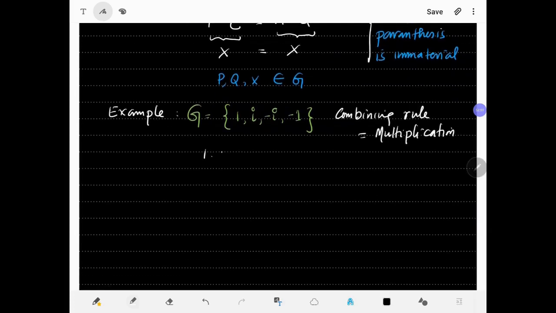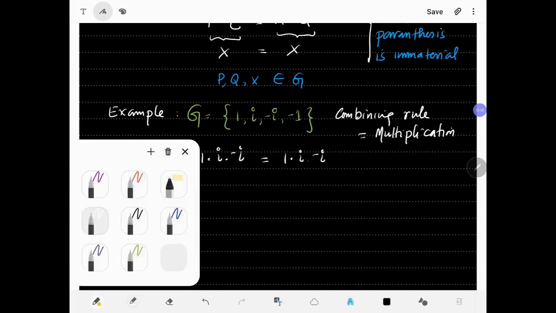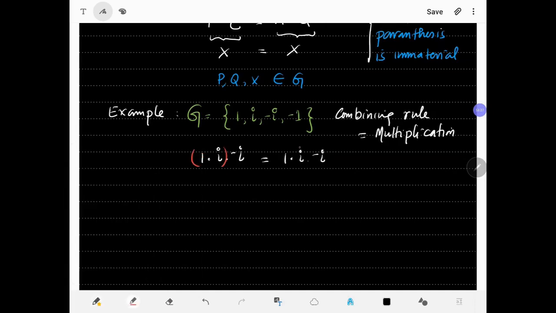Say for example, if I take the 3 elements 1, I and minus 1, you can definitely see that associativity rule is valid here because they are numbers.